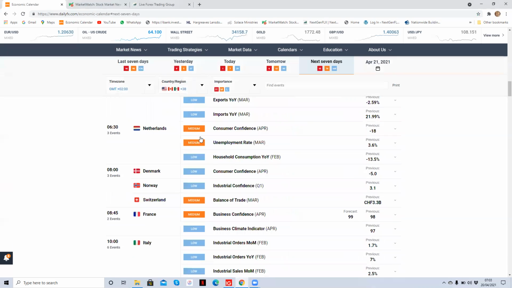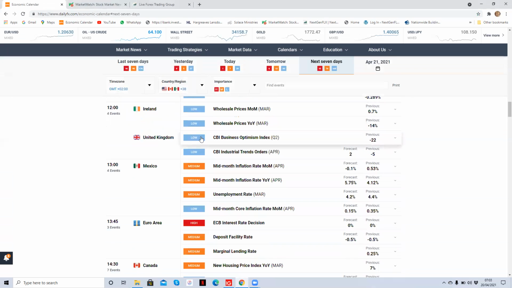And then on Thursday, we have the European Central Bank interest rate decision. So again, that's going to have a huge impact on the Euro US dollar or currencies paired with the Euro. So I'm going to be extremely cautious trading the Euro US dollar prior to Thursday. So even today, come 8 o'clock at the UK unemployment report, I'll only be having one live attempt on the Euro US dollar today.